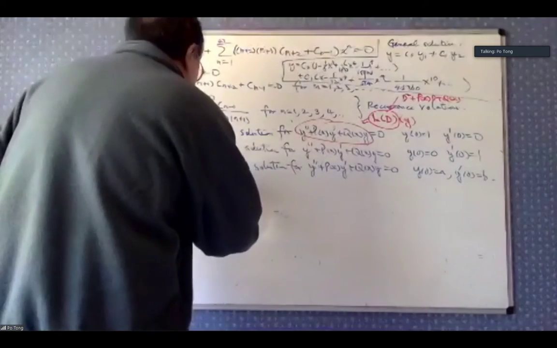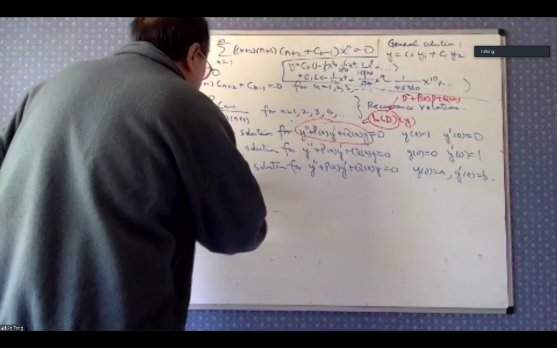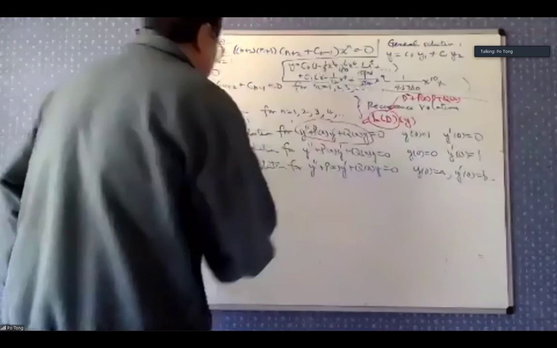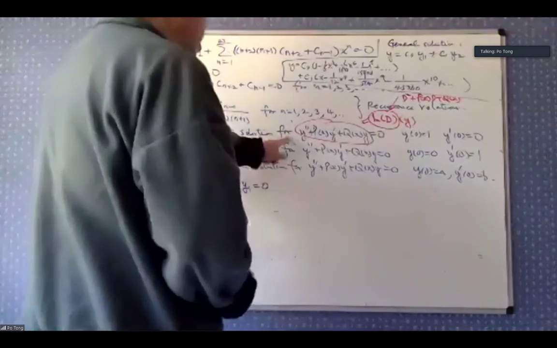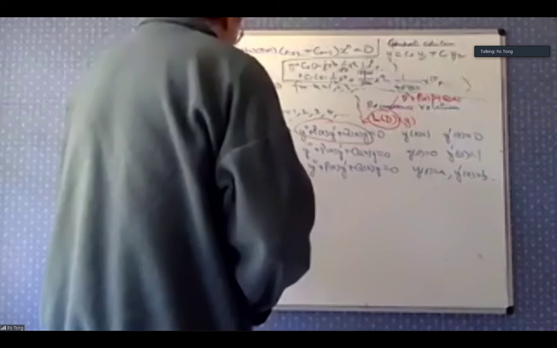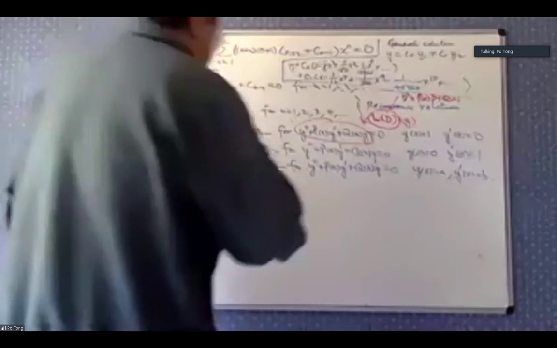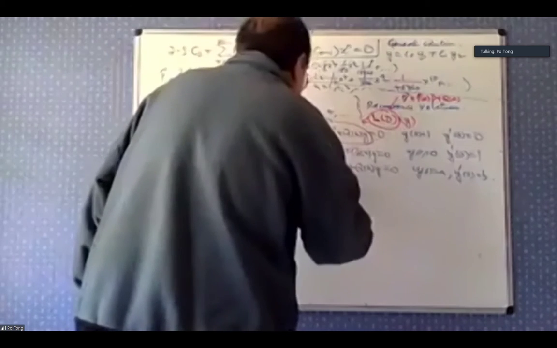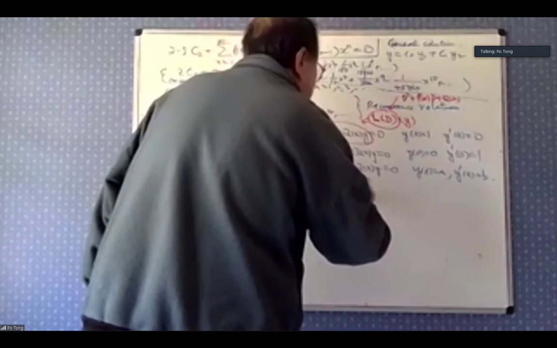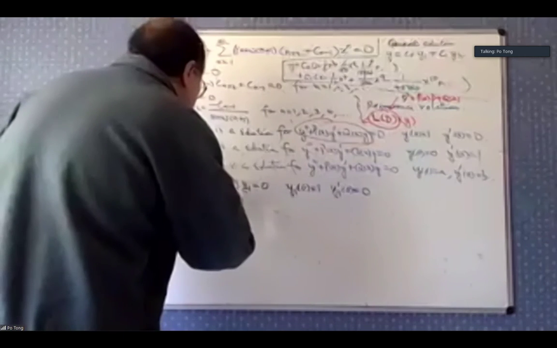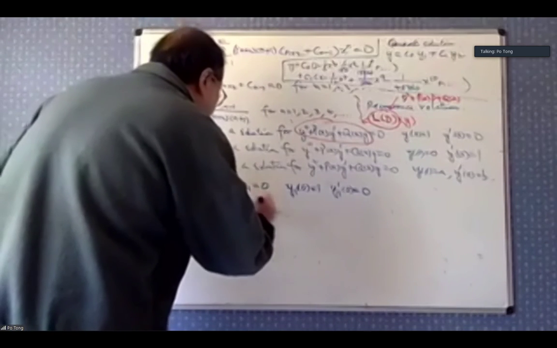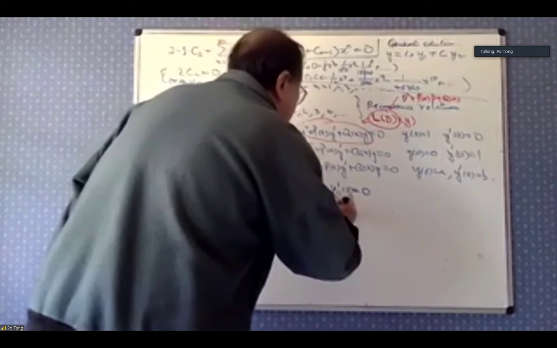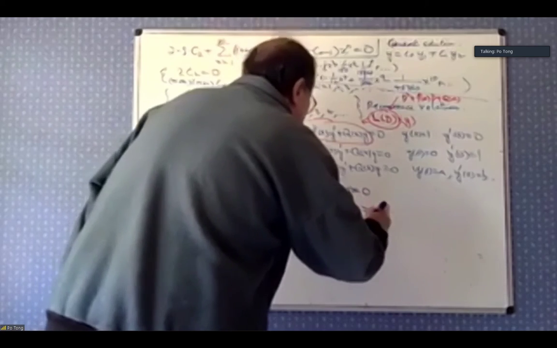Okay. So we know that L[y1] is equal to 0, because it's a solution, and y1(0) equals 1 and y1'(0) equals 0, because y1 satisfies the initial condition. We also know L[y2] is equal to 0, and y2(0) is equal to 0, y2'(0) is equal to 1.